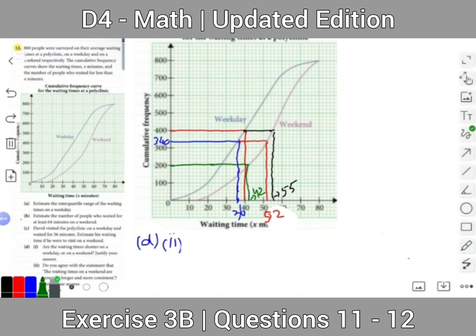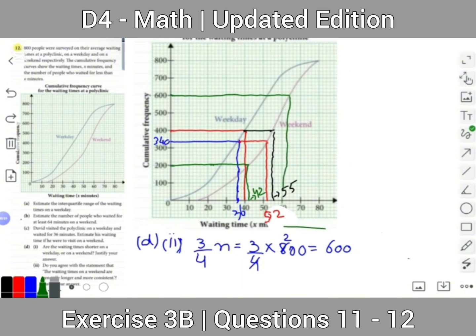Now to find the estimated value of the upper quartile, we'll use 3 by 4 n. So it will be equal to 3 by 4 multiplied by 800, and it gives us 600. So now we will draw a horizontal line until it touches the curve representing the weekend. Now from the point of intersection on the curve, we will draw a vertical line until it touches the x-axis.